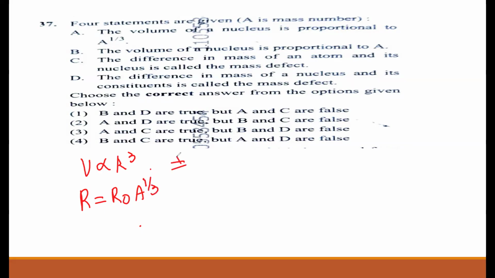So that implies volume is proportional to A power 1 by 3 whole cube, that is proportional to A. So the volume is proportional to A, so the first option is obviously not correct. So B is correct. And mass defect is the difference in the mass of the nucleus and its constituents. That is D. So B and D are true and A and C are false. So here the first option given would be the correct one.